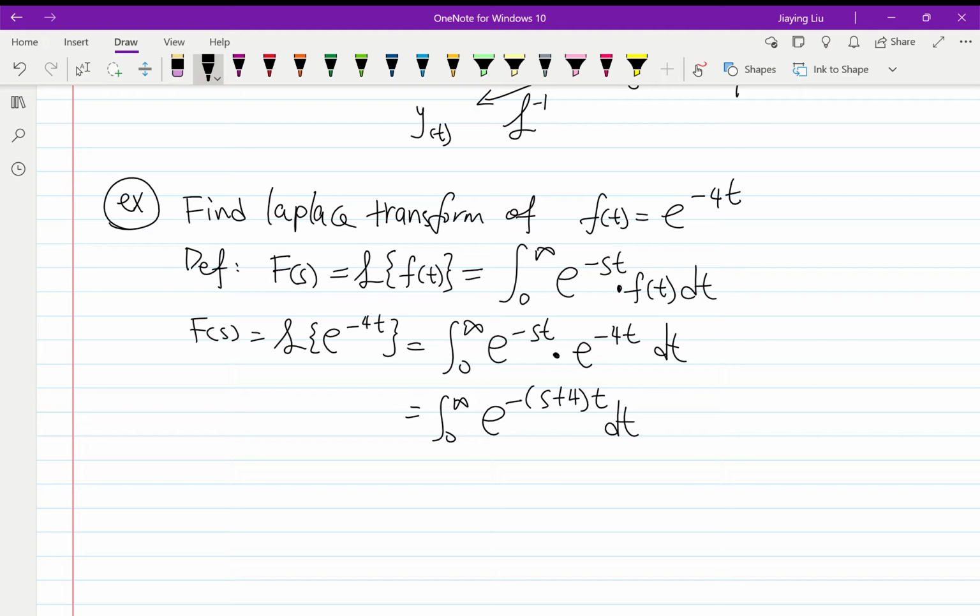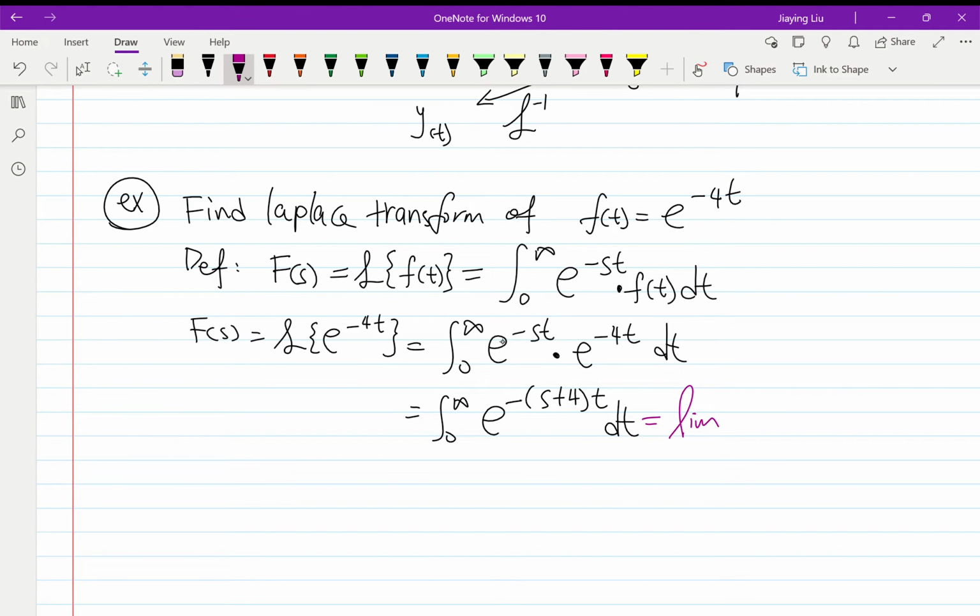I don't know if you remember, for improper integrals in Calculus 2, when you try to integrate this, you have to use a limit definition because we can't plug in infinity directly, right? So we're going to have to rewrite this using a limit definition.